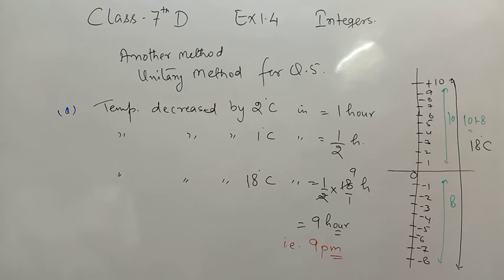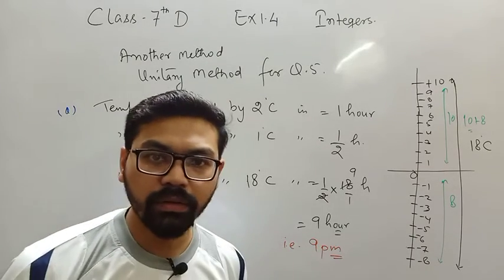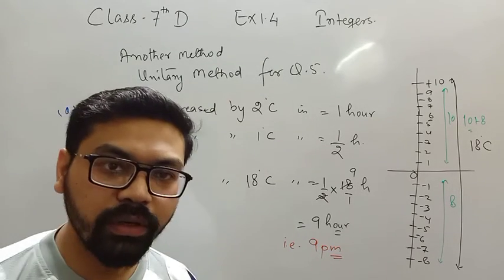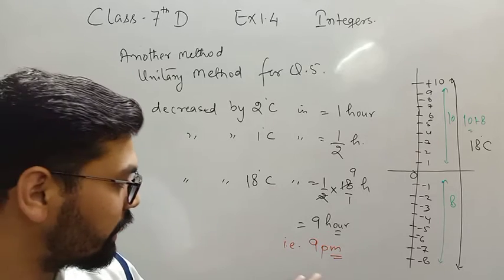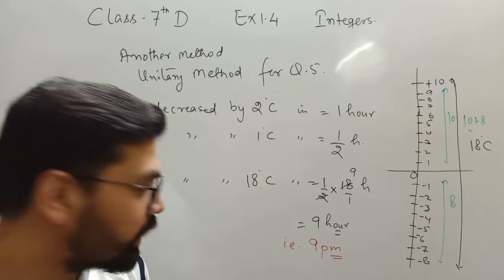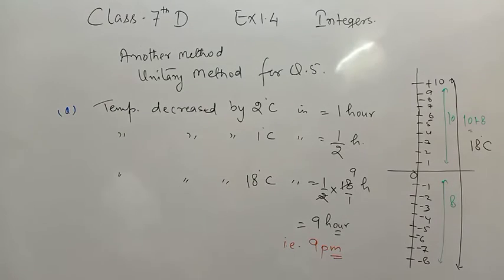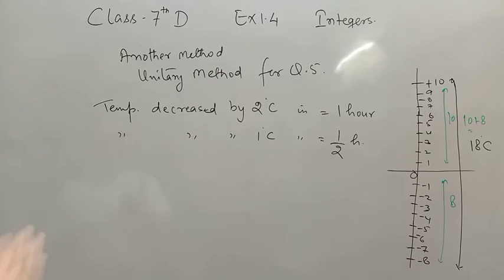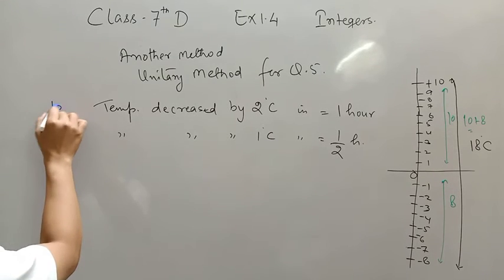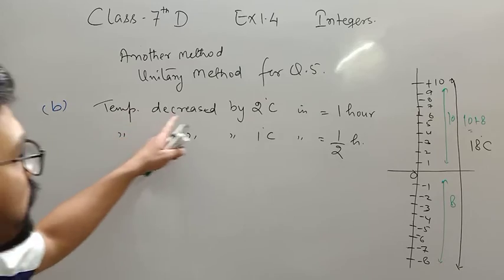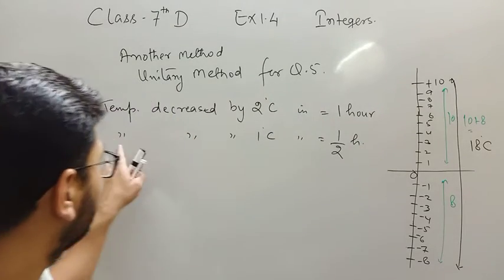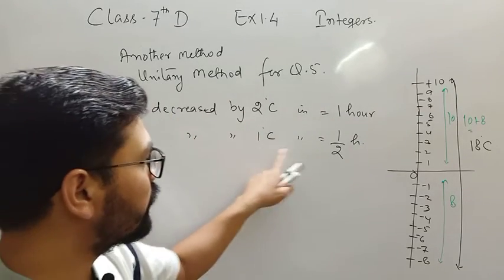Now the second part is what will be the temperature at midnight. Okay, that means रात को 12 बजे क्या टेम्परेचर रहेगा, that you need to find now. Now this thing will remain same even for part B. The temperature decreased by 2 degrees Celsius in 1 hour, then temperature decreased by 1 degree Celsius in 1 by 2 hour.